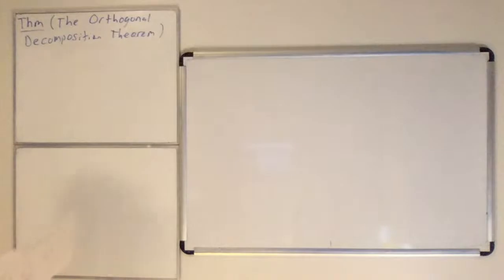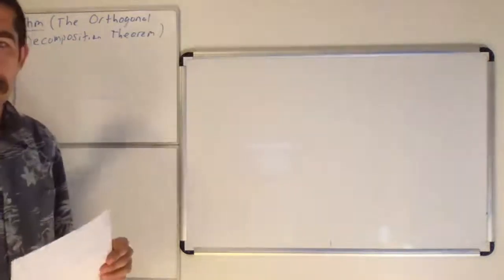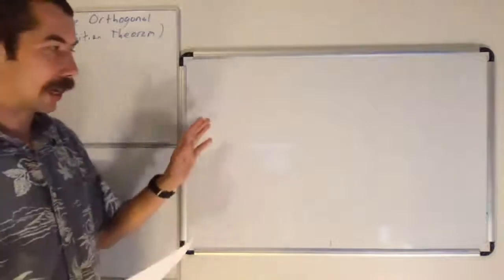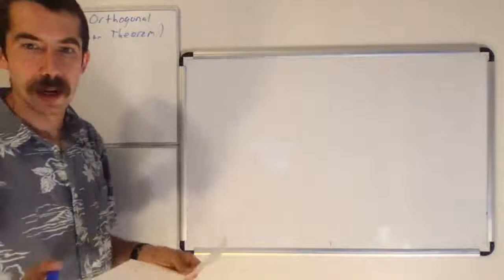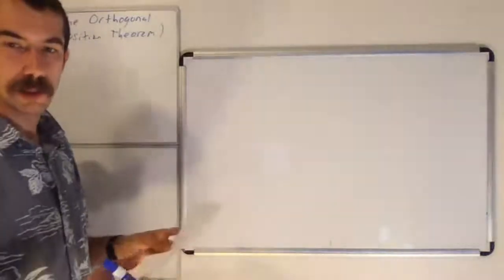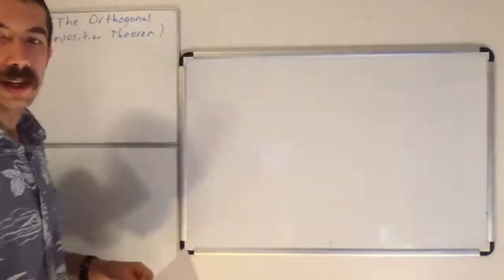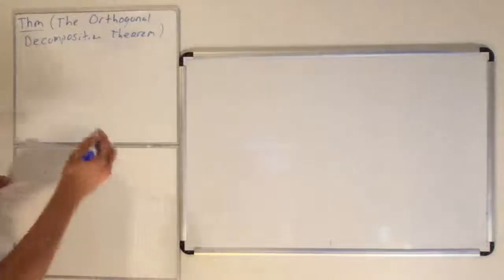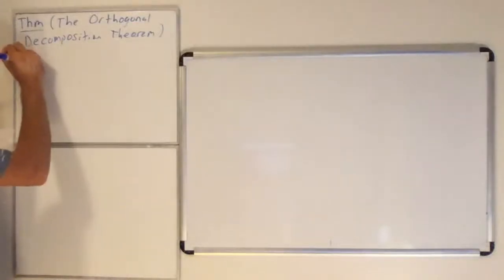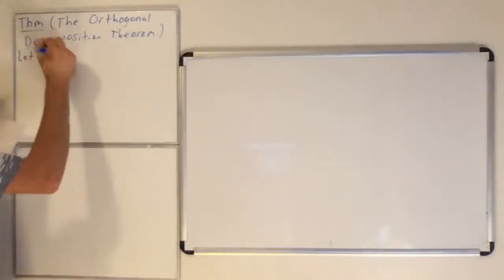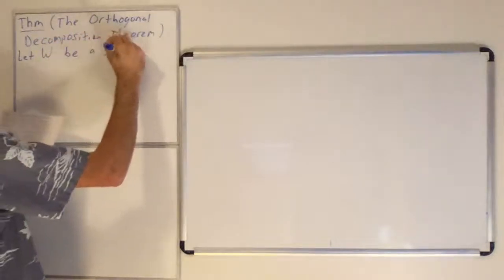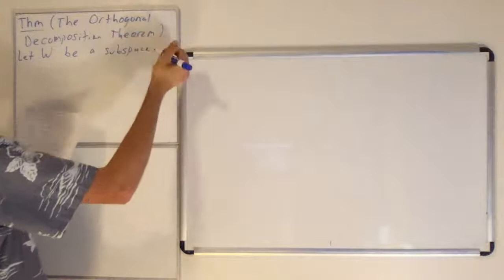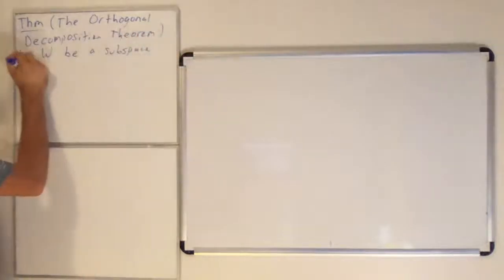So this is the orthogonal decomposition theorem, and it's going to generalize what we did last week with projecting a vector onto a line. We're going to project a vector onto a higher dimensional subspace. So it could be a line, but it could be higher dimensional. It says let W be a subspace of Rn.